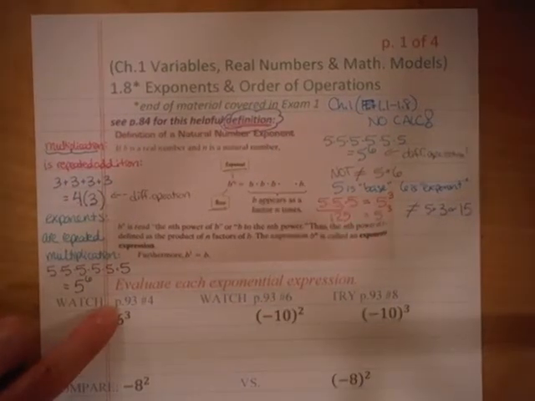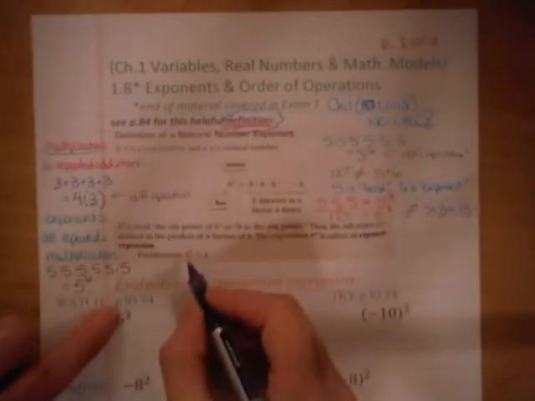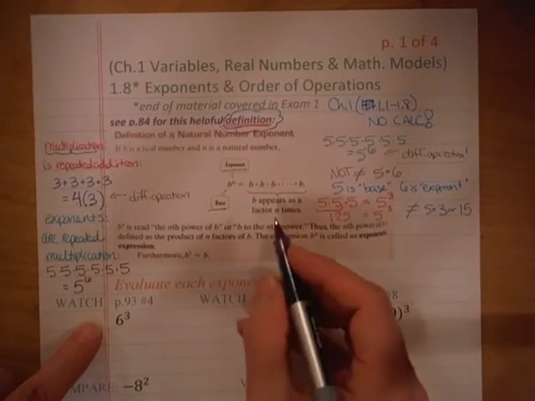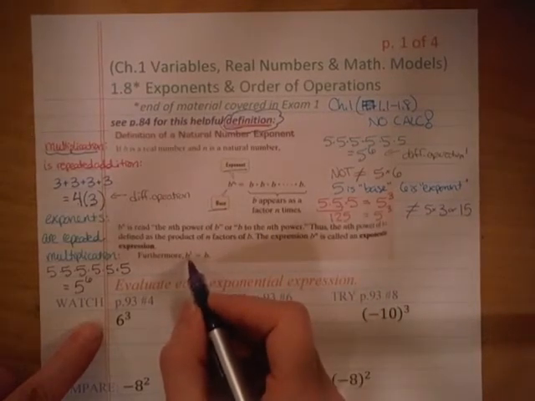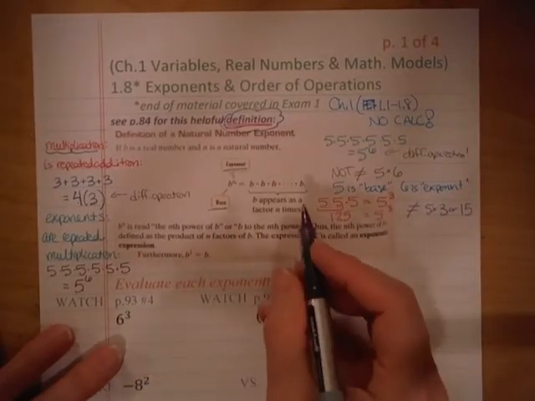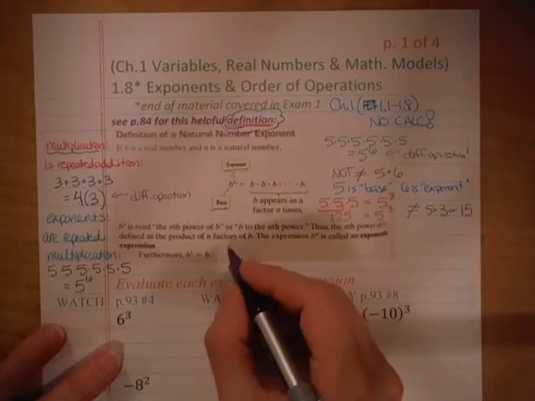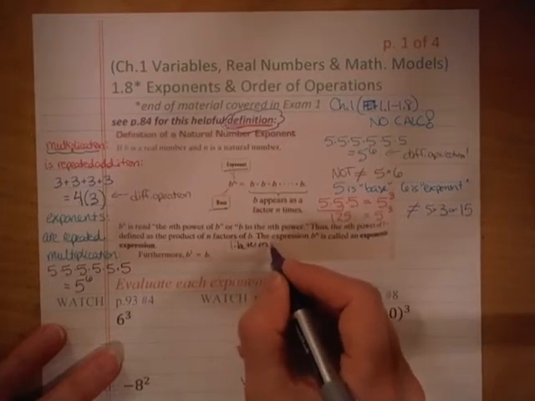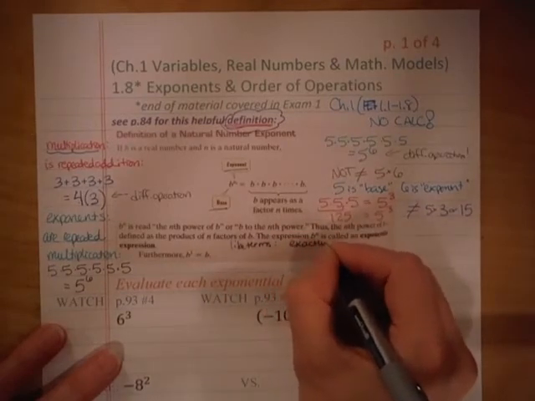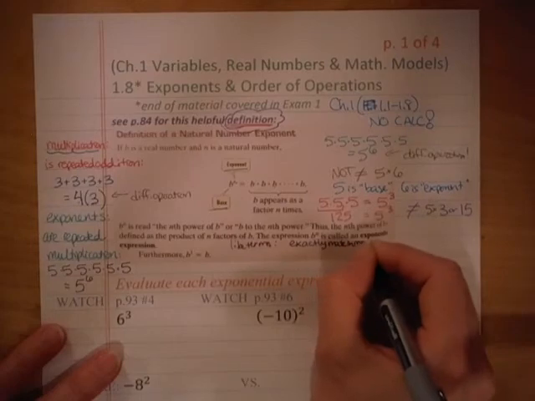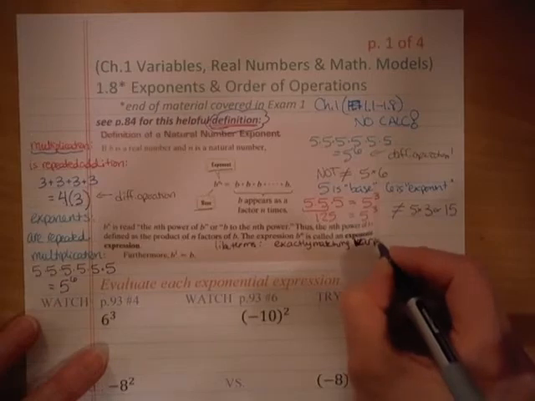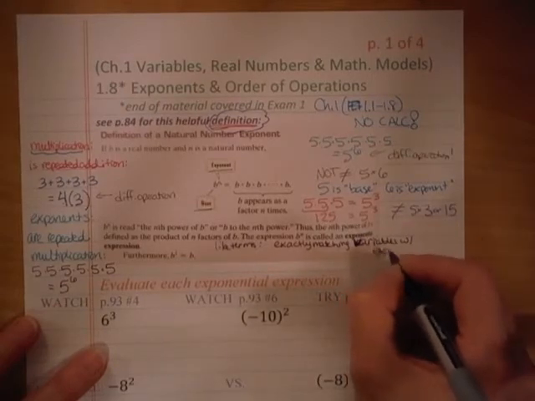Other thing I want to highlight right from the beginning is what happens if you have just plain old b to the 1st power. It's just b. Any number or any letter raised to the 1st power is the same as just that letter that we see. And we've been talking about this already when we talked about like terms. We said they have to have exactly matching variables with exactly matching exponents.